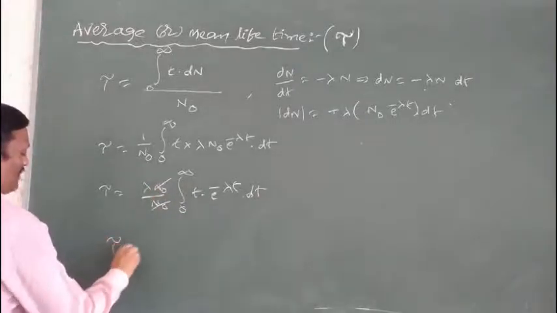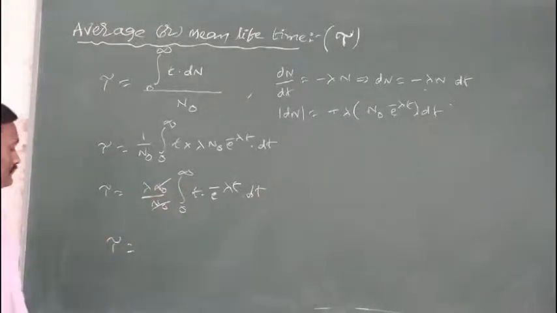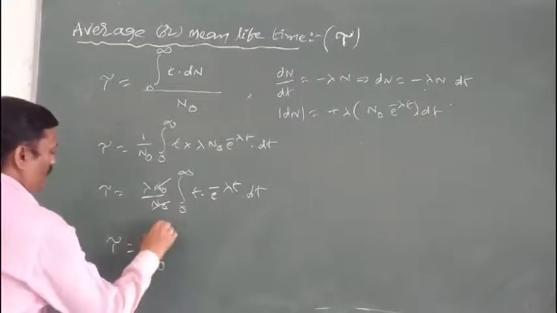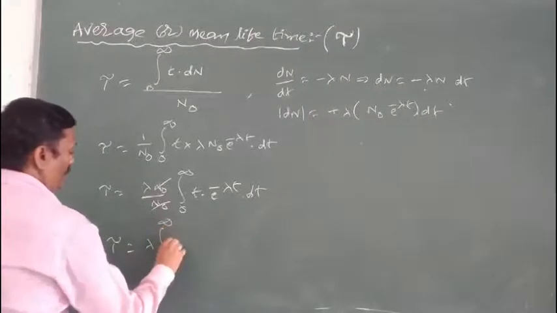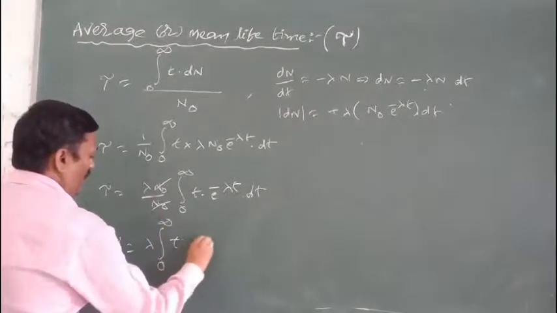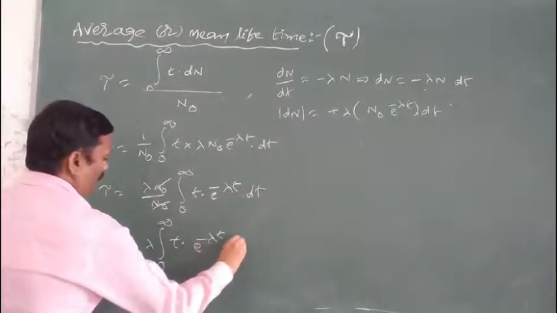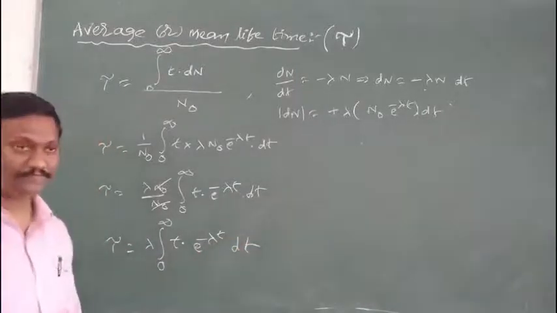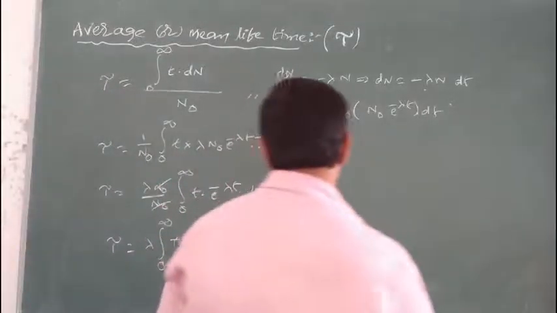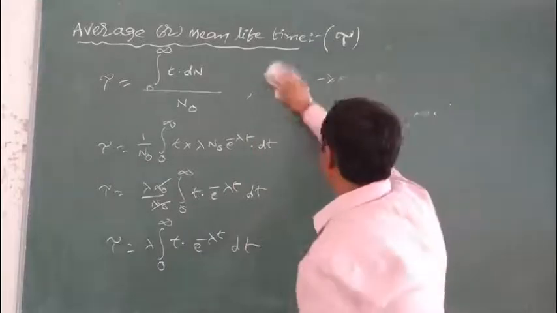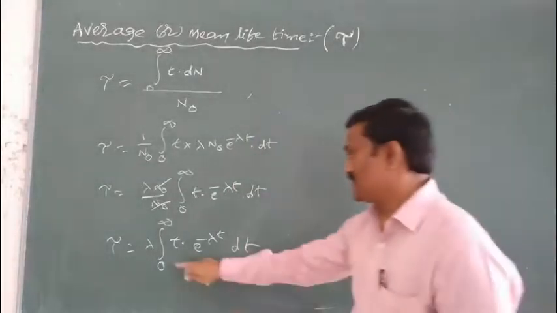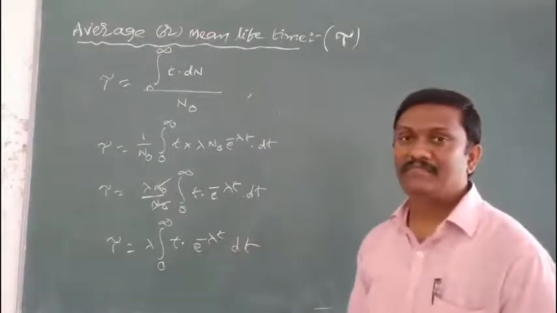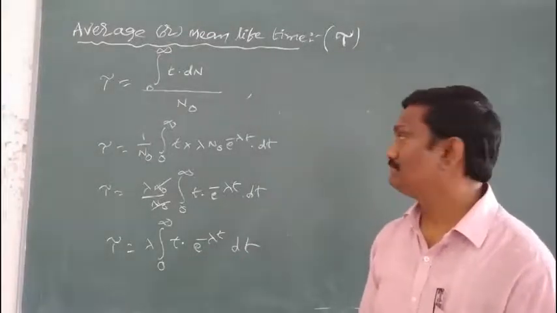So the average lifetime tau is equal to lambda times the integral from 0 to infinity of t e power minus lambda t dt. The above equation is in the form of integration by parts, so this integration is simplified using the integration by parts method.